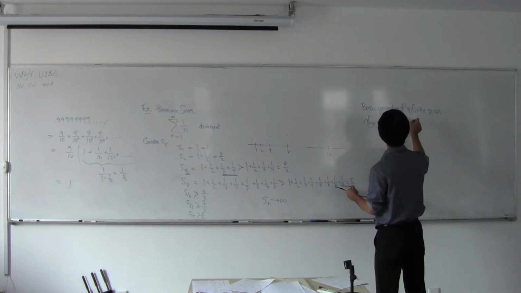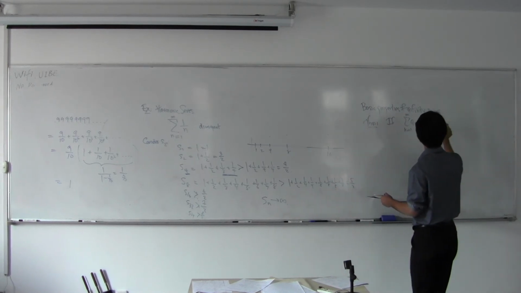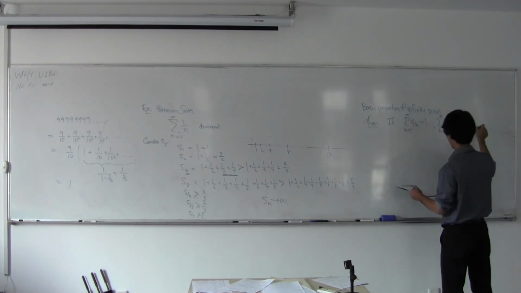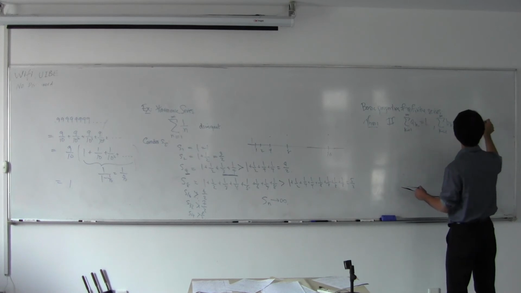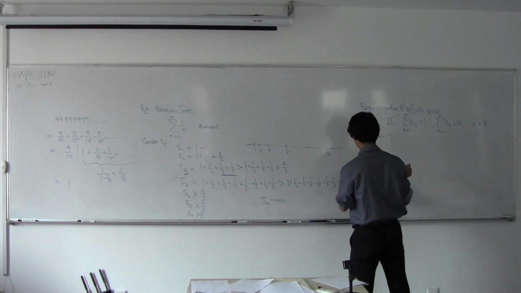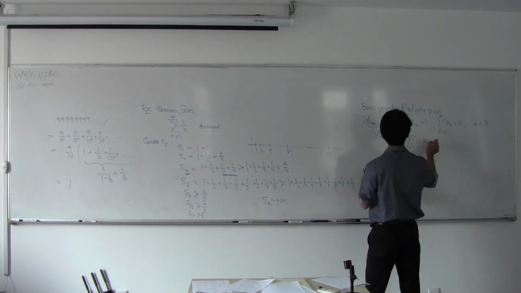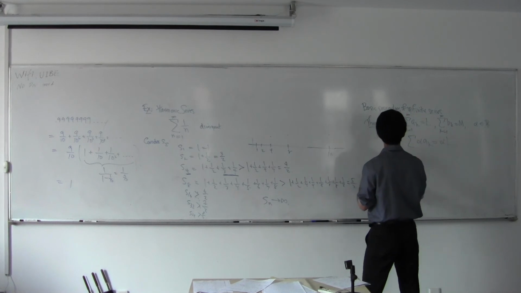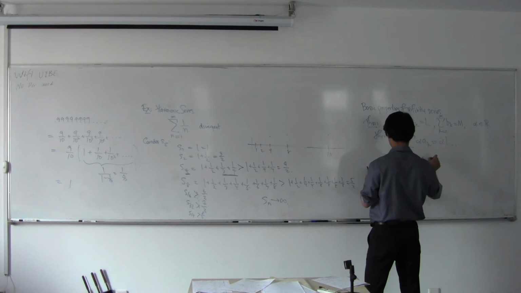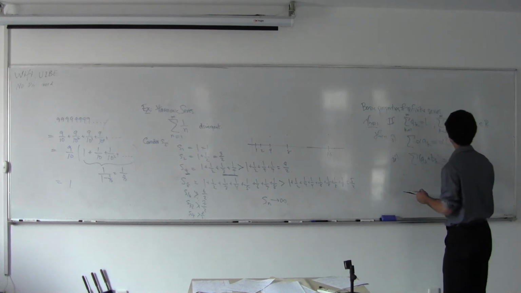If the infinite series A sub k converges to L, and the infinite series B sub k converges to M, and alpha is some real number, then 1, the sum of alpha A sub k turns into alpha times L. The sum of A sub k plus B sub k turns into L plus M.